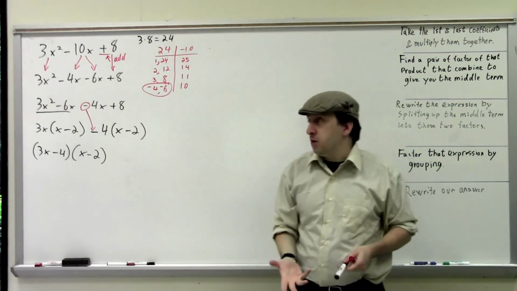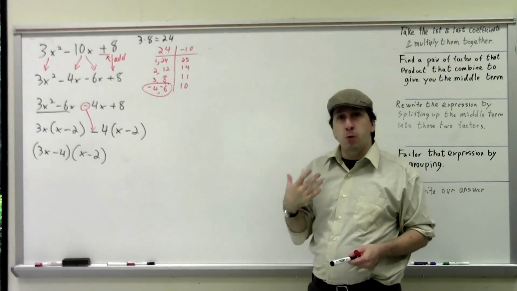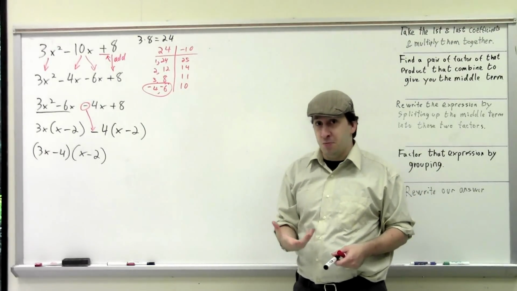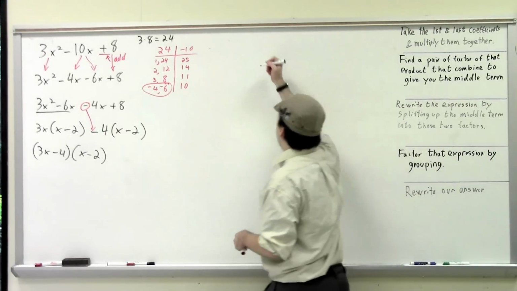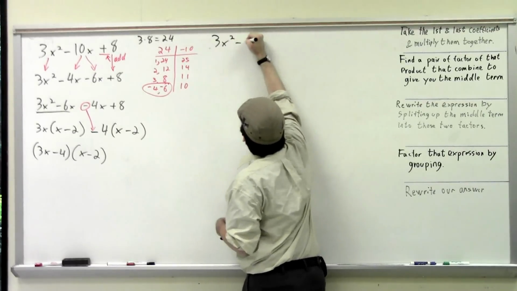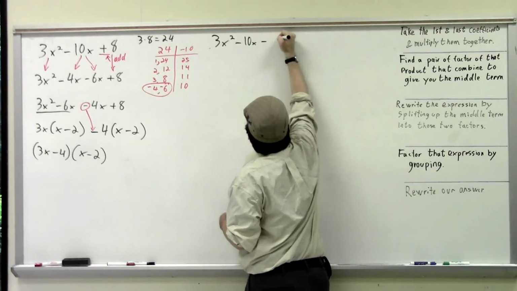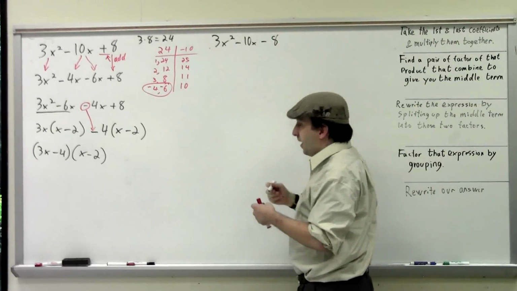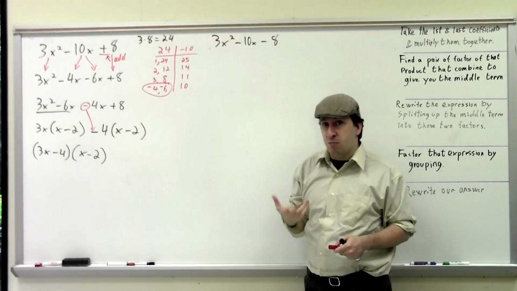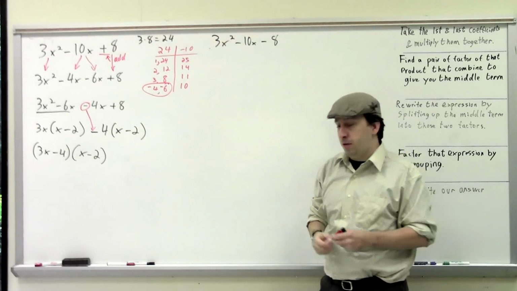So let's look at a different example with a relatively minor but really, really ridiculously important change. Okay, let's say that we're looking at 3x squared minus 10x minus 8. Okay, that makes a huge difference. It's such a small thing, but it makes a really, really big difference.